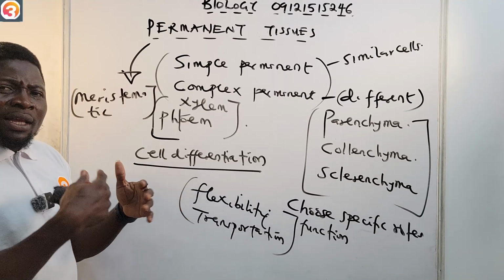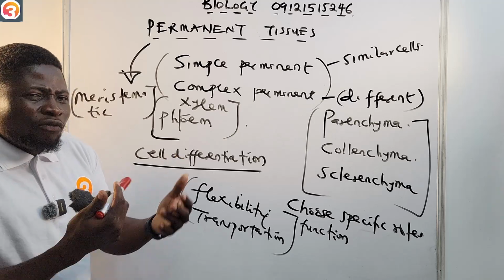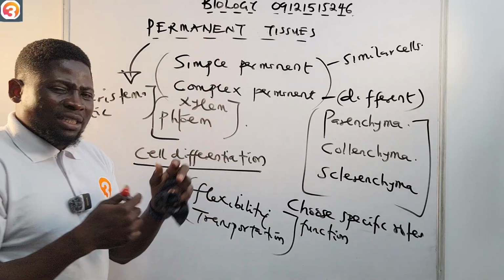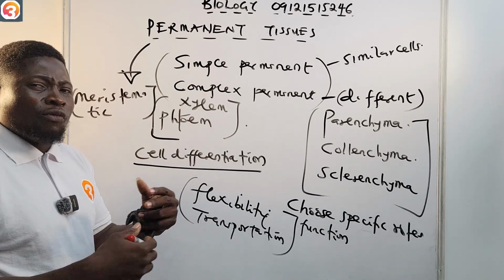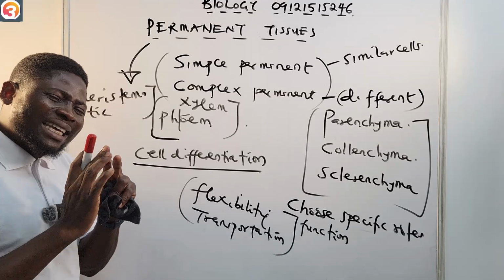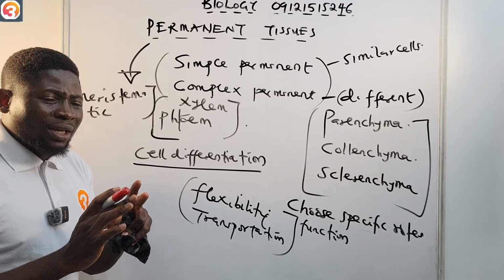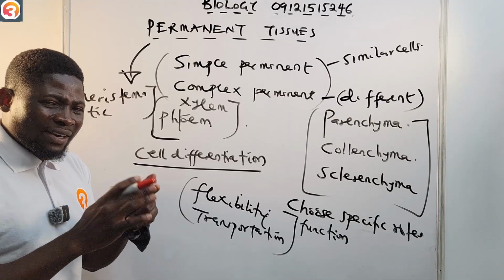All of this happens during cell differentiation, and it leads to the formation of permanent tissues. That is cell differentiation.